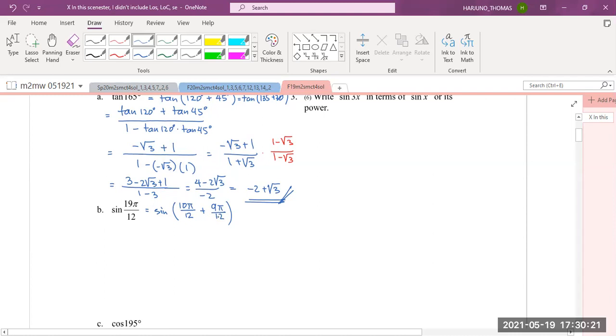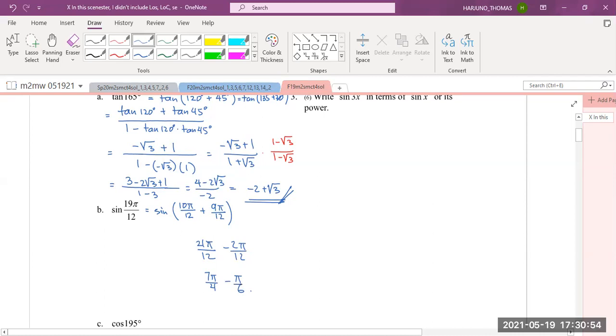Let me see. We can also use 21 minus 2: 21 pi over 12 minus 2 pi over 12. Now 21 pi over 12 reduced by 3 is 7 pi over 4, minus pi over 6. The nice thing about this is pi over 6 is in quadrant 1.